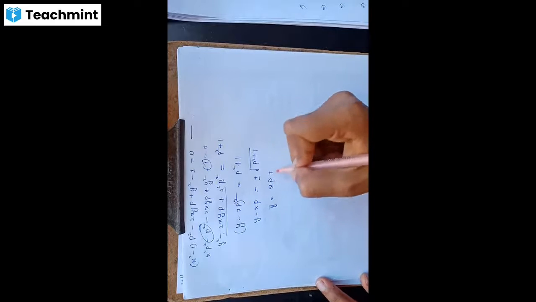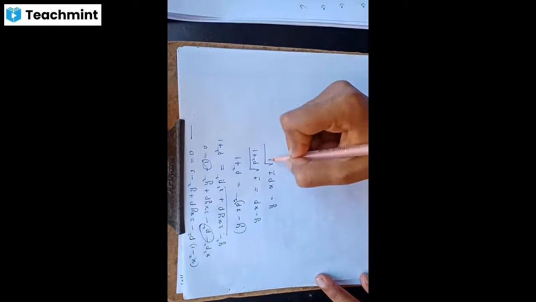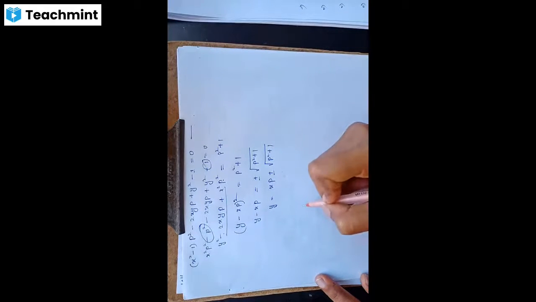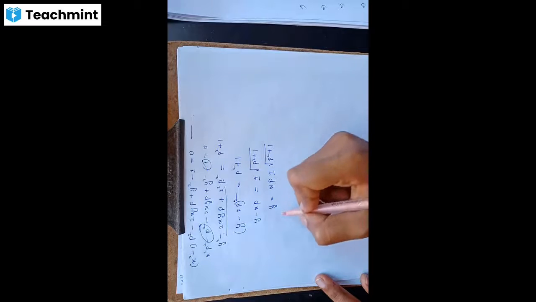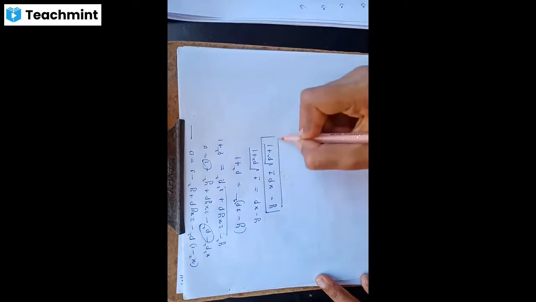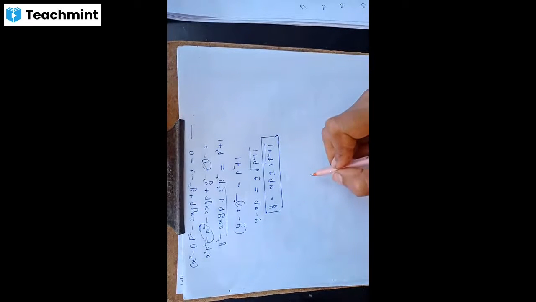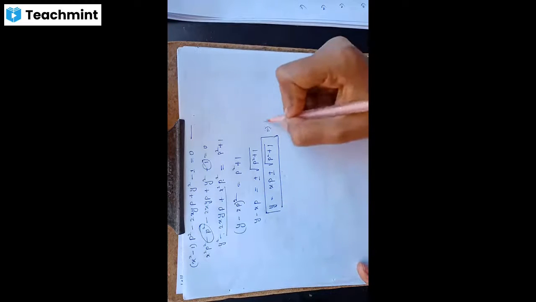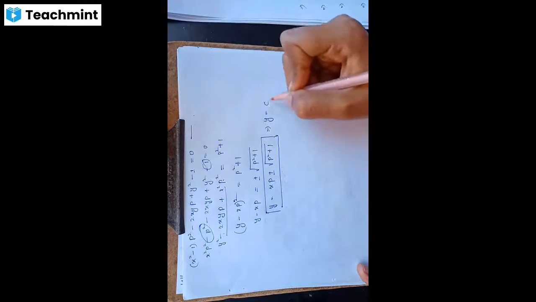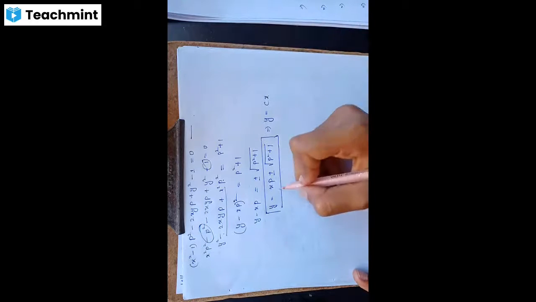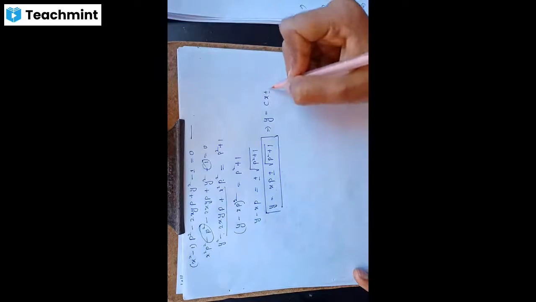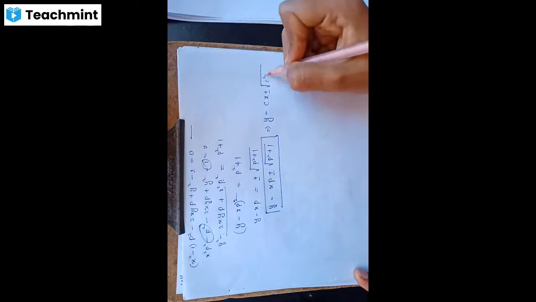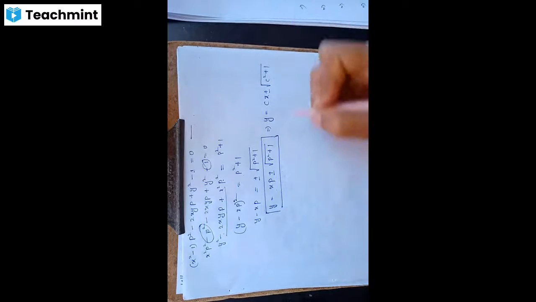Now it is in the form of a Clairaut's equation. If you find the general solution, you will get y = cx ± √(c² + 1). This is our general solution.